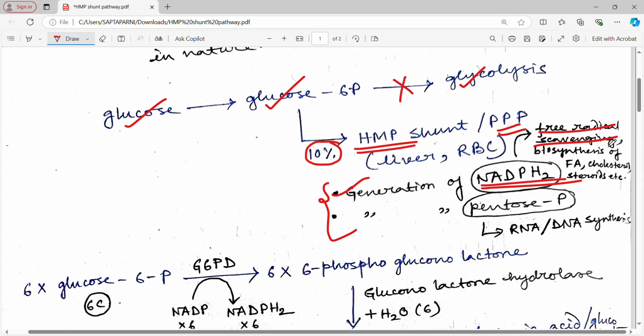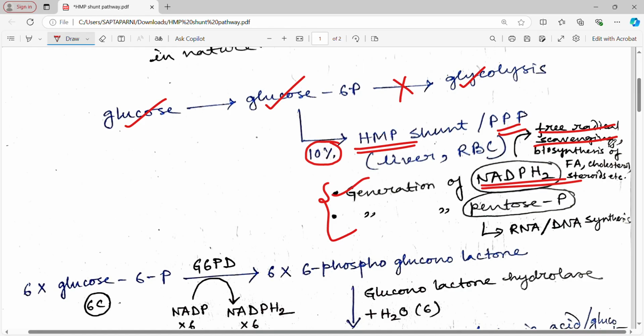This NADPH2 saves our cell from the cell lysis driven by those free radicals. NADPH2 scavenges or takes out those free radicals from our cell in the form of non-toxic molecules. That is why it is very important for our cell survival or cell viability.